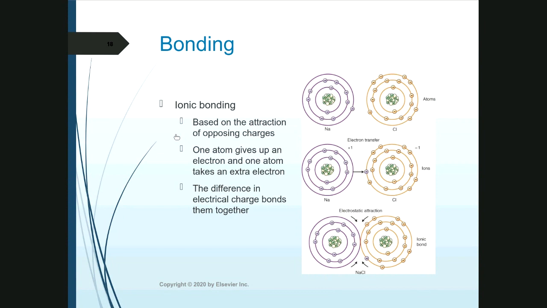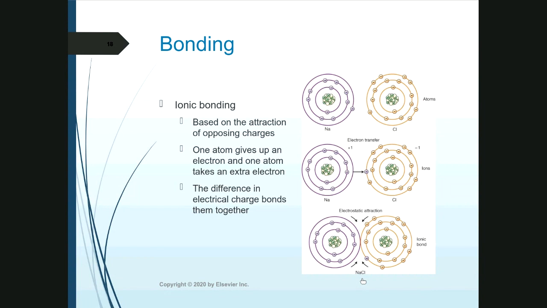And then the difference in their electrical charges actually attracts and bonds them together, because remember, opposites attract. So when this one is positive and this one is negative, those two attract to each other. They have an electrostatic attraction, and the compound they're showing you here is NaCl, or sodium chloride, which is salt.